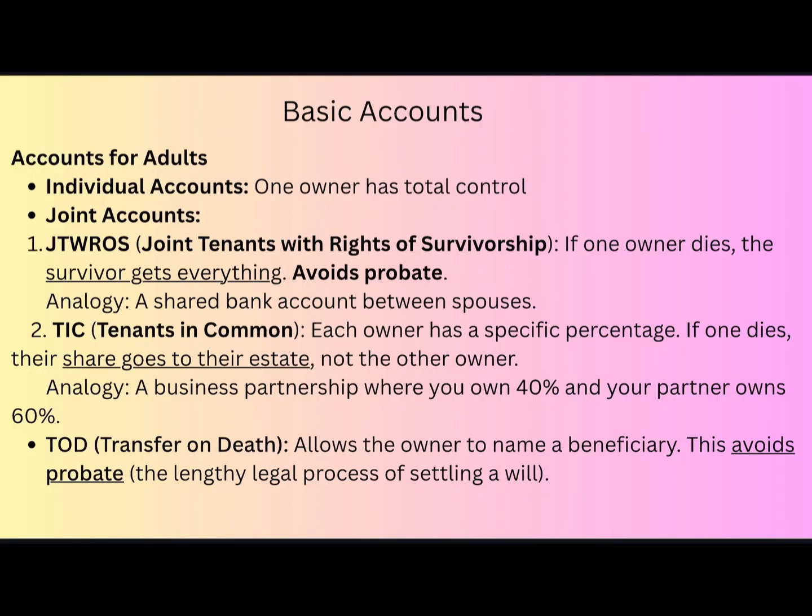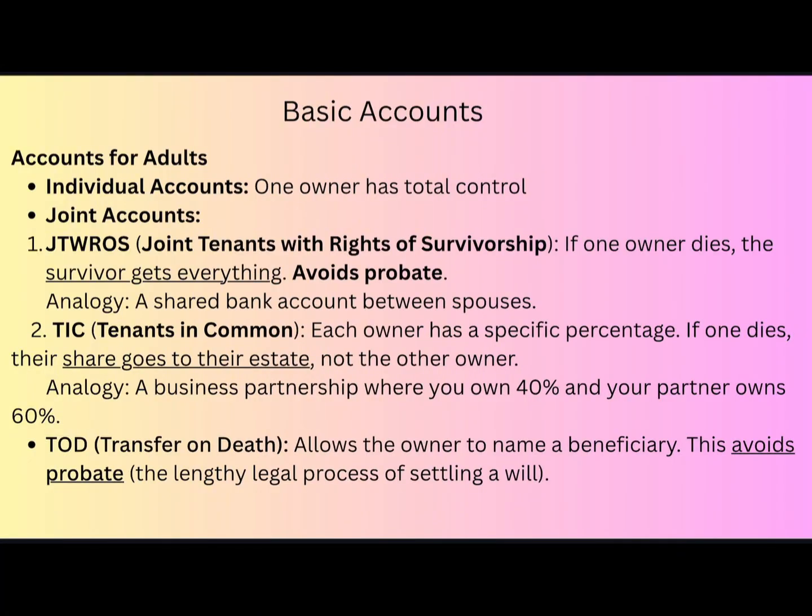And then you also have transfer on death. TOD, transfer on death, is a designation that an owner may add to an account that allows the owner to pass all or a portion of the account to a named beneficiary or beneficiaries at death. An account with a transfer on death designation avoids probate. The transfer on death transfers the property directly.